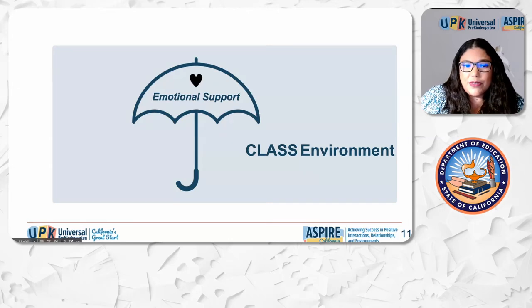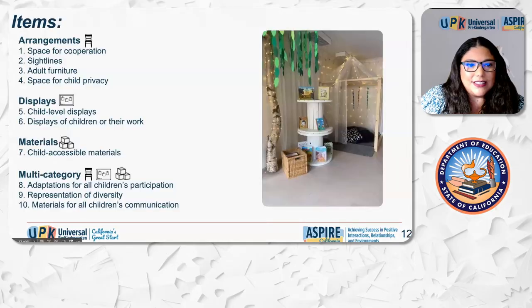So as we explore the environment items within this domain, think about how even small changes, like how furniture is placed or what is displayed at children's eye level, can significantly elevate that emotional connection. Okay, next slide.